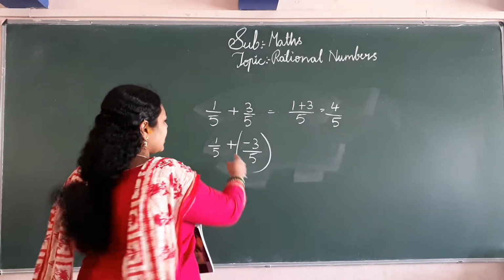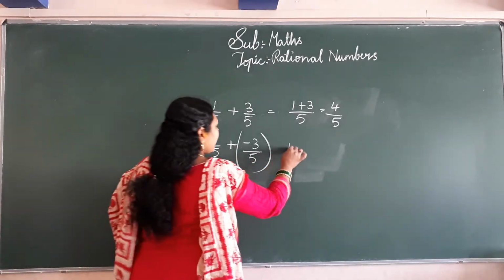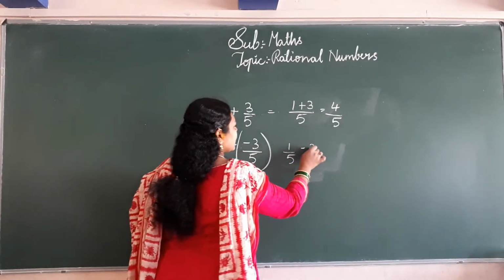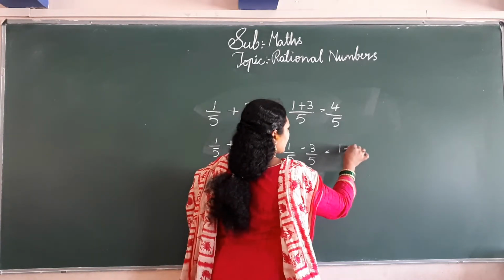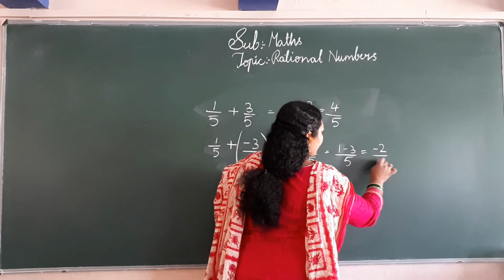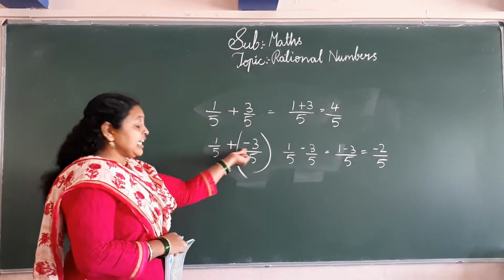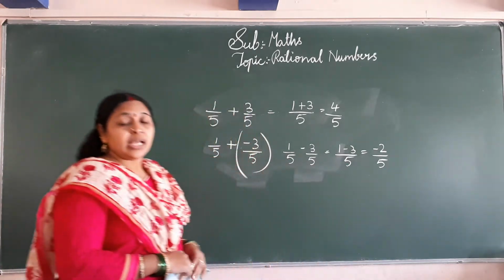In the same way, this rule has to be followed. 1 by 5 plus into minus, minus 3 by 5. Therefore, it becomes 1 minus 3 by 5, which is equal to minus 2 by 5. Here we are following the integer rule. Other than that, it is the same.